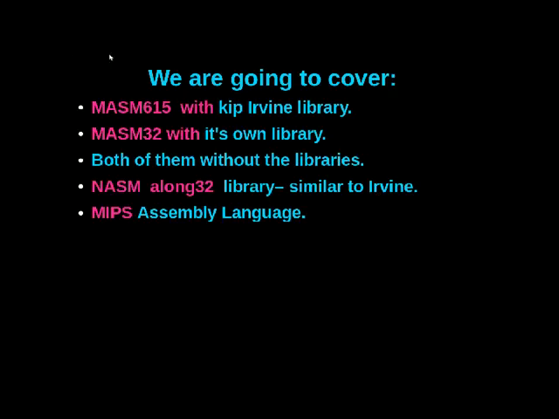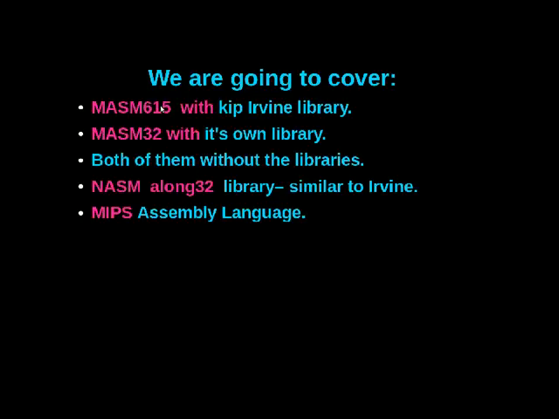And let's see now. We are going to cover MASM 6.15. This is for the Microsoft Macro Assembler, let's say. Windows came out with this assembler, but now they stopped selling it.